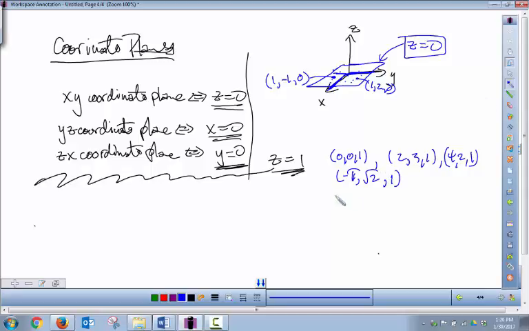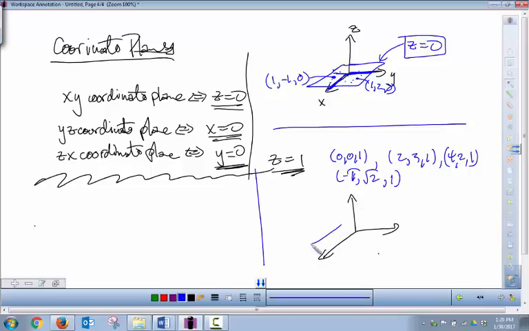So what we could do is we can imagine how this would look. And to try to draw this is kind of tricky because when you draw it, it might look like it kind of looks like this plane over here. So the trick to make it look like it moved up 1 unit, because that's what's happening, is that it's parallel to the xy plane, but it moved up 1 unit.